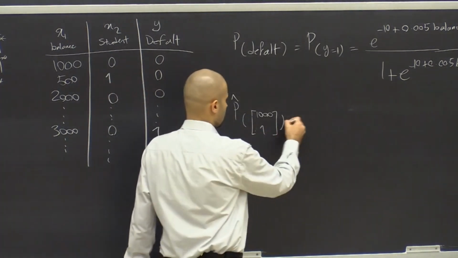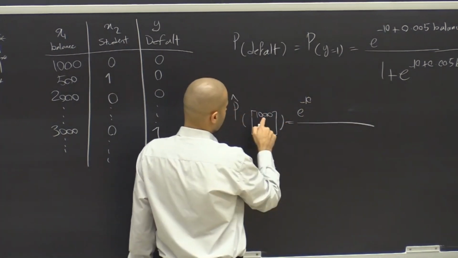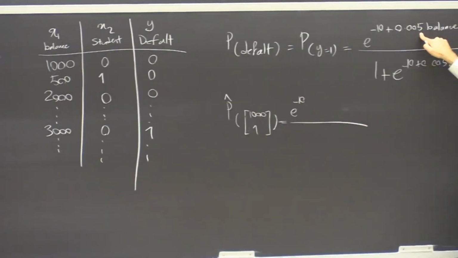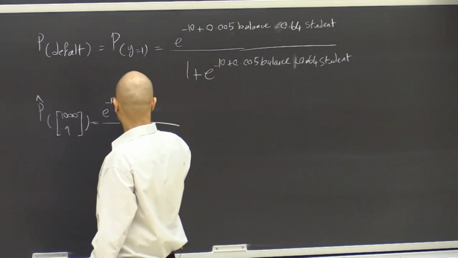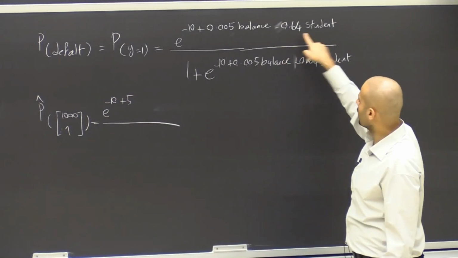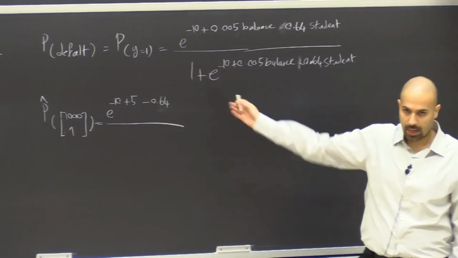If we want to calculate this with this model, it's going to be a fraction. In the numerator, we have e to the minus 10. And then $1,000 will be multiplied by this, so we get 5. And then as they are a student, there's this. So you can use a calculator and check this value.